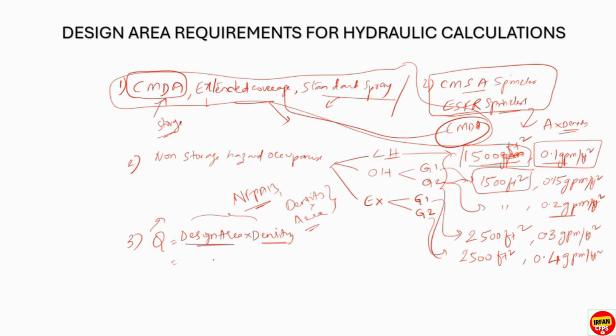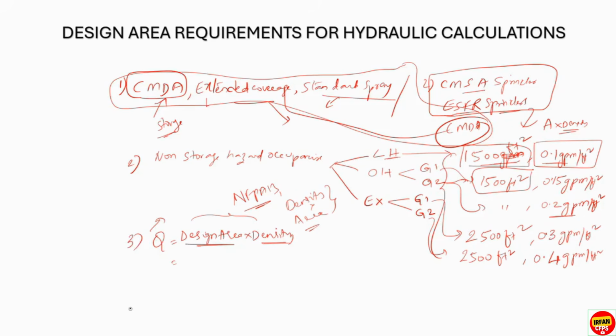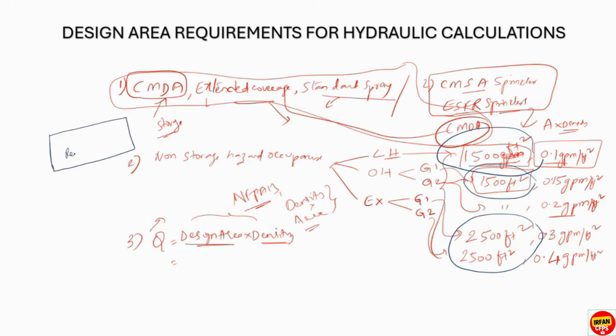Okay, so design area, we already know, the design area for light hazard is 1500 square feet, ordinary 1500 square feet, and extra 2500 square feet. When I'm talking about the design hazard area, it means this is the remotest floor.